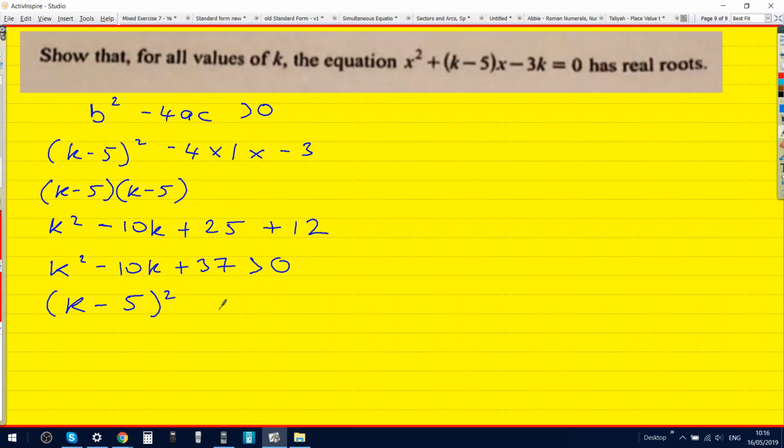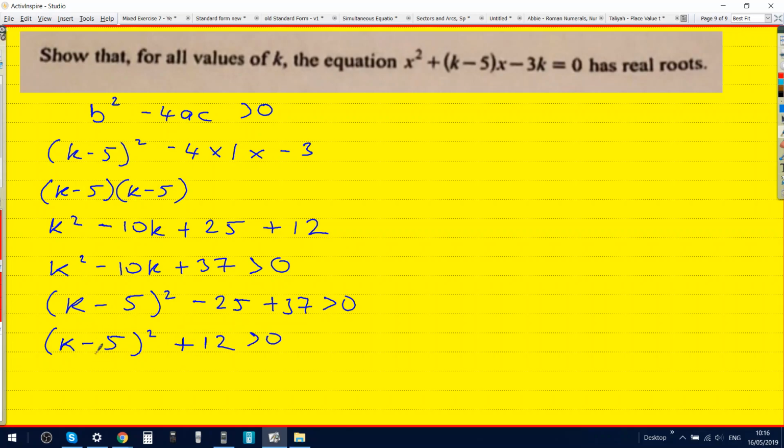That's just k minus 5 squared, and then plus 37 minus 25. Because that expands to give you an extra plus 25. Yeah. So simplify that. So it's k minus 5 squared, and then you're left with a plus 12.